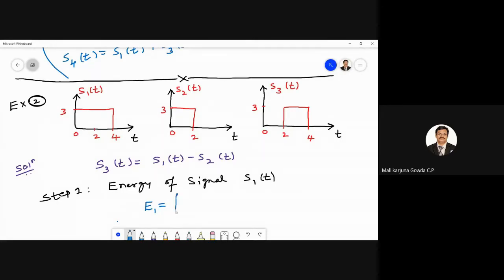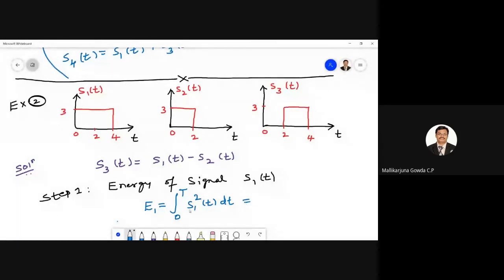This is the definition: integral from 0 to t of S1 square of t into dt. So this is the general definition of finding the energy of a signal. You are squaring that signal and integrating over its interval. So what integration limits can I write?